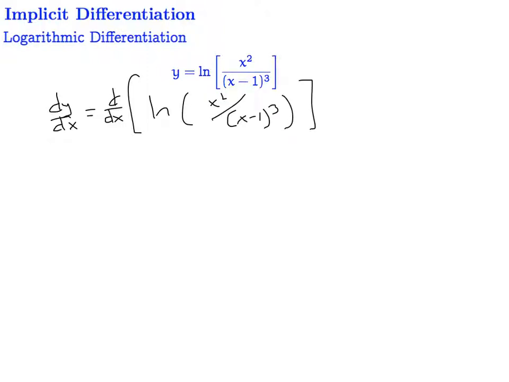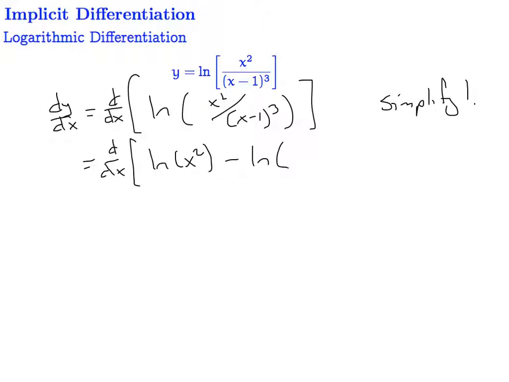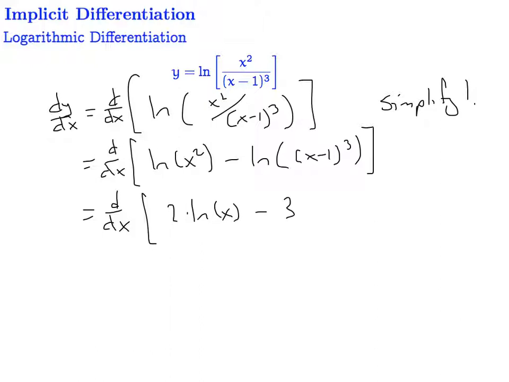And one of the things we said was, well, what we should really do is simplify this first. If we simplify this, we can now take the natural log of x squared minus the natural log of x minus 1 cubed, which looks a little better. By using properties of logs again, we can take an even easier derivative of these quantities instead.